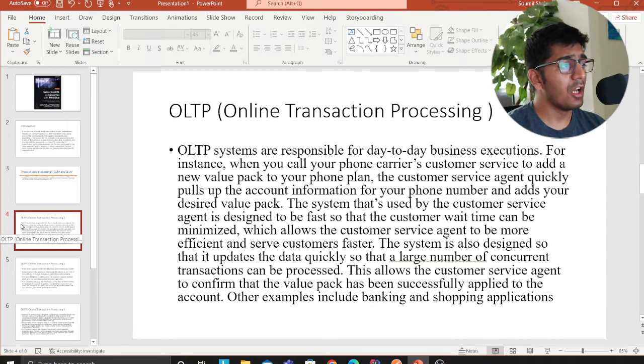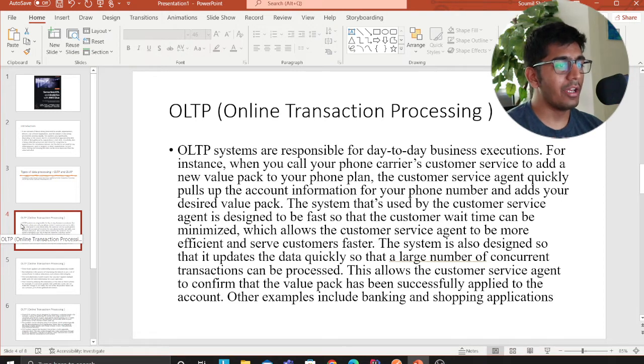For instance, when you call your phone carrier and the customer service agent wants to add a value pack to your phone plan, the agent quickly pulls up the account information for the phone number and adds your desired value pack. The system used by the customer service agent is designed to be fast so that customer wait time can be minimized, which allows the agent to be more efficient and serve customers faster.